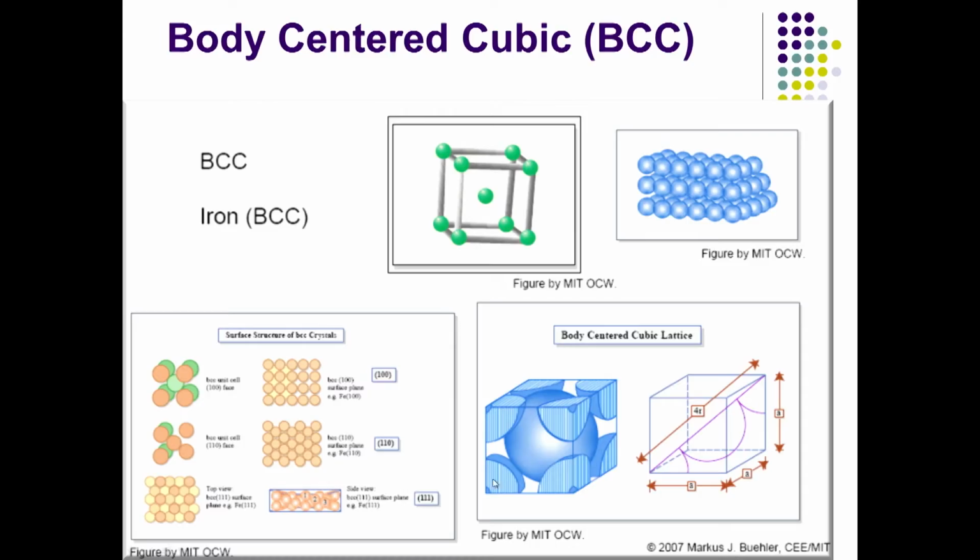For BCC, again you have different kinds of faces and you are looking at how the charges are defined. There is a lot of body centeredness in terms of both mass as well as electrical charge for the BCC structure. Iron is a BCC structure, while copper is an FCC structure.